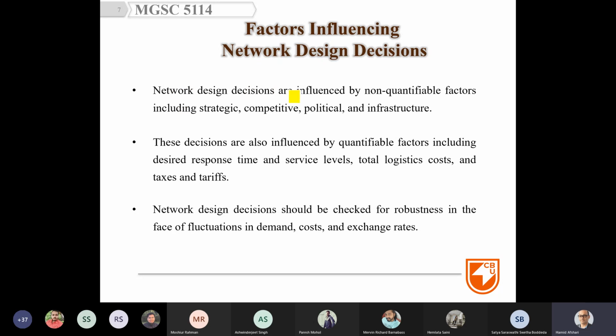Network design decisions are influenced by non-quantifiable factors like what? Non-quantifiable factors means something that you cannot say in terms of numbers.